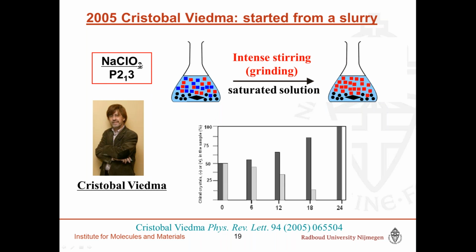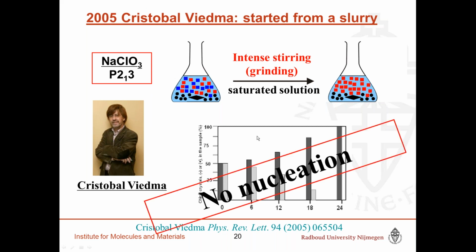Now, of course, this is still the case of an achiral compound in solution. But still, this was a very surprising thing. And what is very important in this case is that because the solution is always nearly saturated, there's no nucleation.